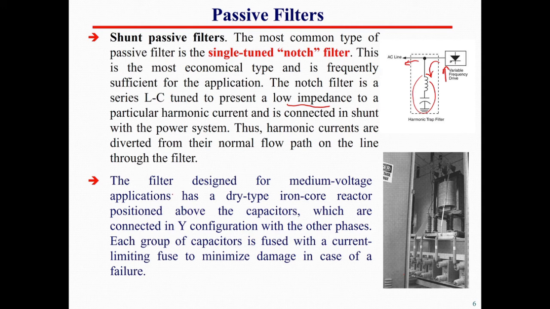In this case, the filter designed for medium voltage application will have a dry type iron core reactor positioned above the capacitor, which are connected in Y configuration with the other phases. Each group of capacitor is fused with a current limiting fuse to minimize the damage in case of failure. So you can see that those are fuses, okay? Those are fuses that are used to protect the capacitor.